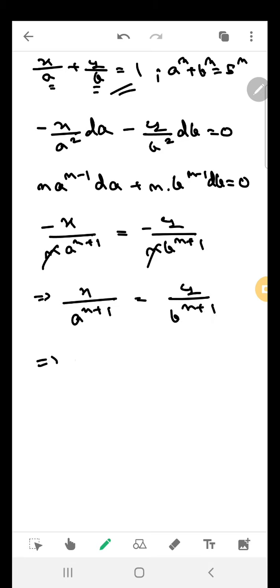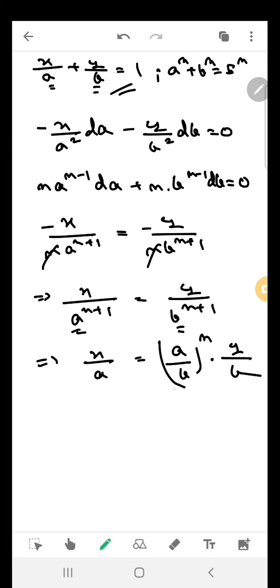From here you have to eliminate a and b. Let's see. We can write x over a equals a upon b whole to the power n times y over b. Got it? Now we can write a to the power n as 5 to the power n minus b to the power n over b to the power n.